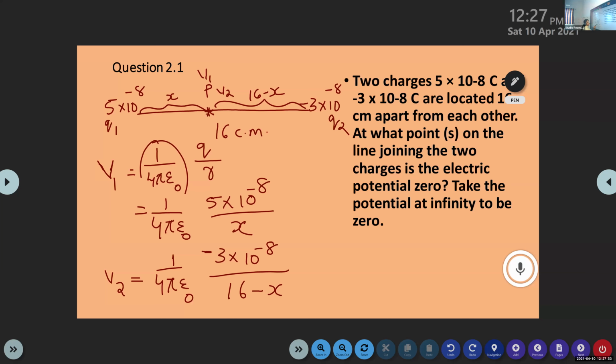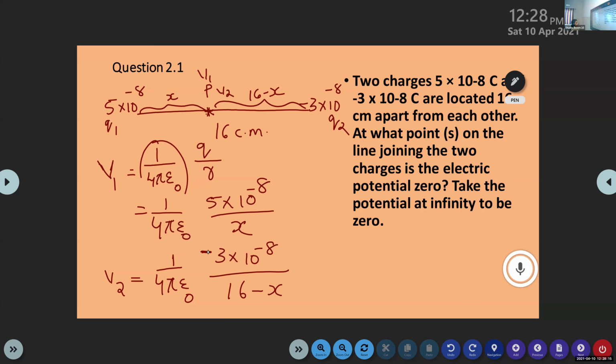Here we must put this negative sign because potential is a scalar quantity. So we can't avoid this negative sign. If it were a vector quantity, we could neglect the negative sign, but here it is a scalar quantity, so we must consider it.